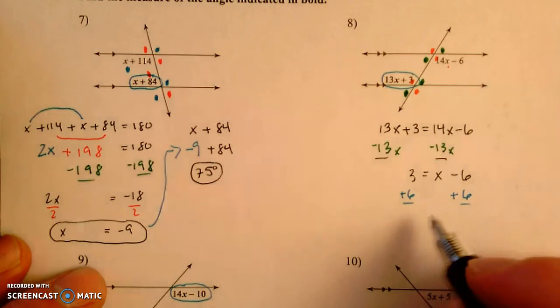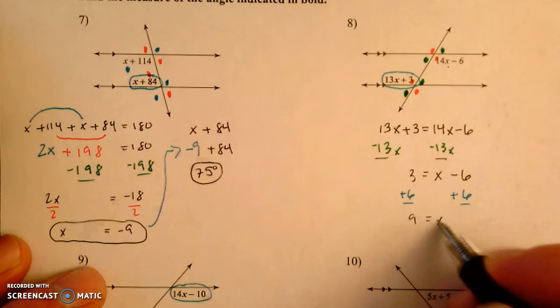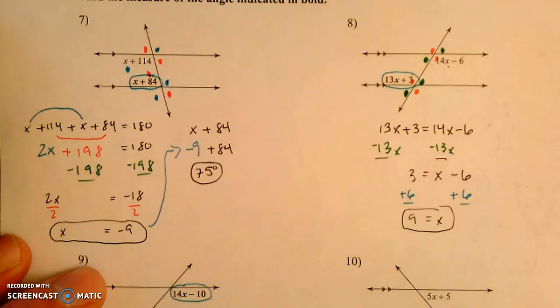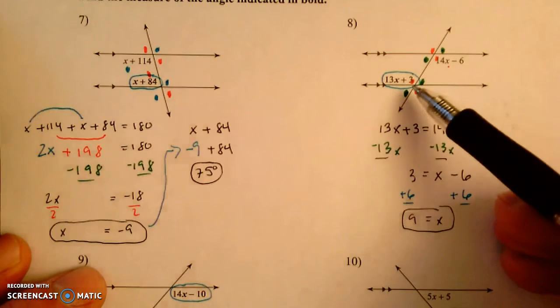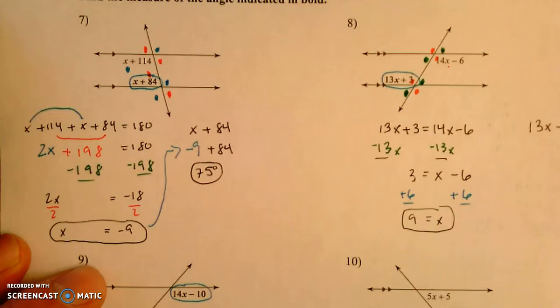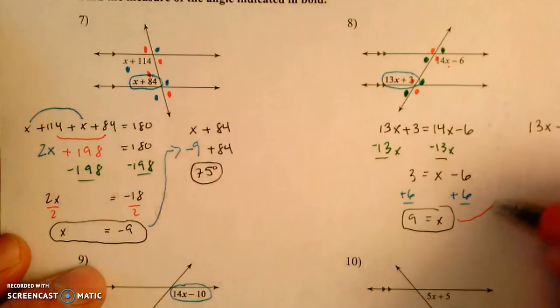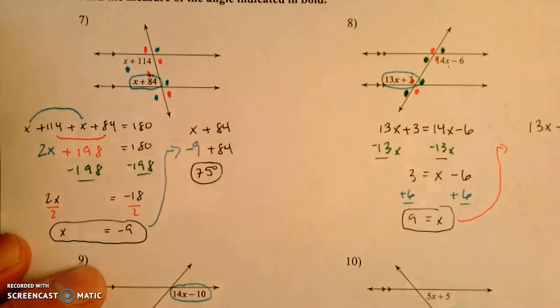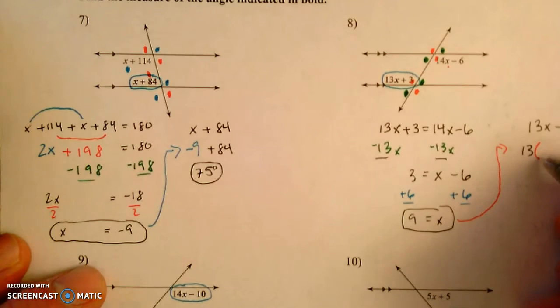And we end up with 9 equals x. Okay. Then we'll go back up here to 13x plus 3. And we will substitute 9 for x, sorry.